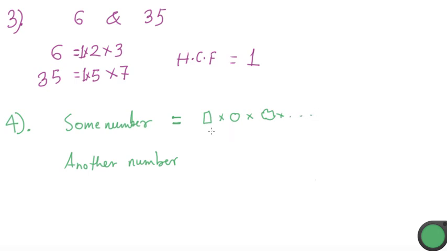So this could be, for example, 2 times 3 times 5. And then another number, again this appears, 2, and here again, let's say I have 2, 2 and 2, 2, 2 and 5, and so forth.